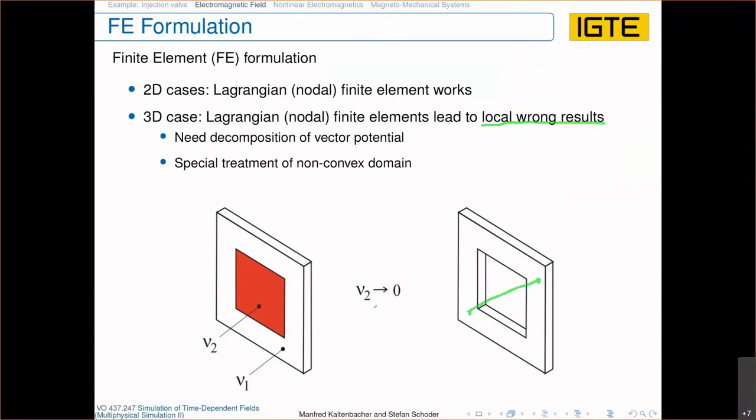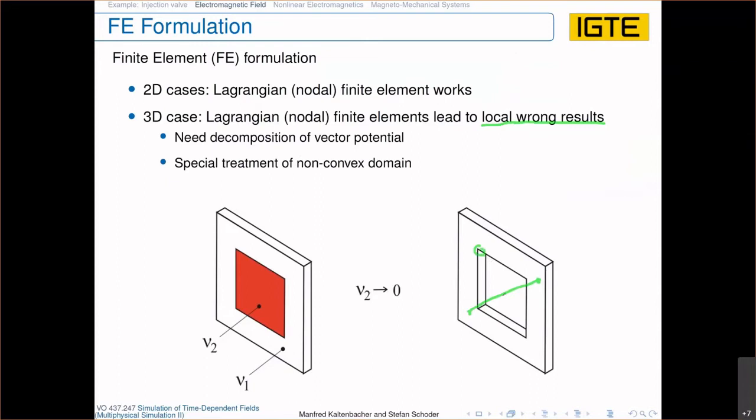And for such problems, you get absolutely wrong results if you have such non-convex domains, and you need some special operation, a so-called decomposition of the vector potential, which is getting quite complex because you have to find all these kind of re-entrant corners, as you have, for example, here.